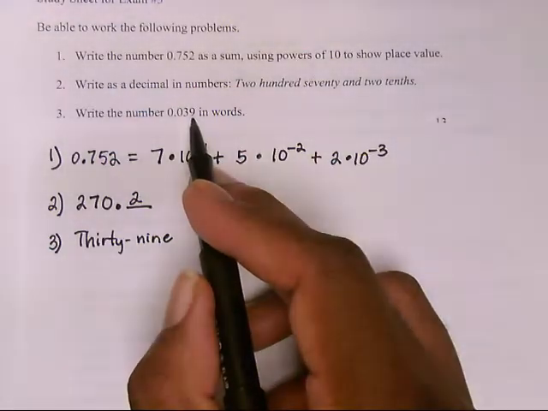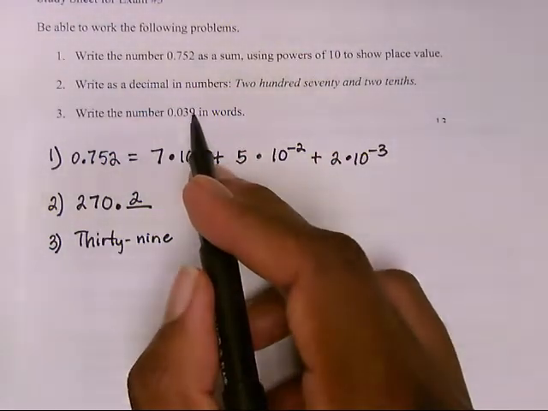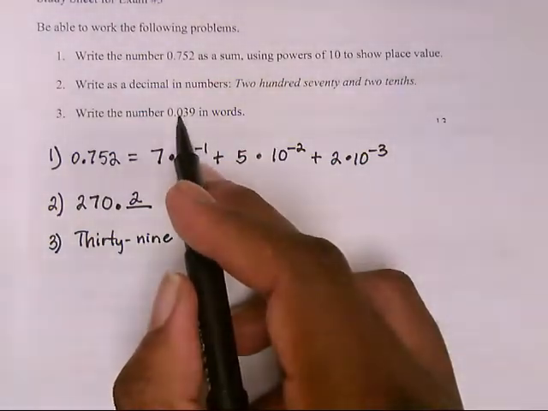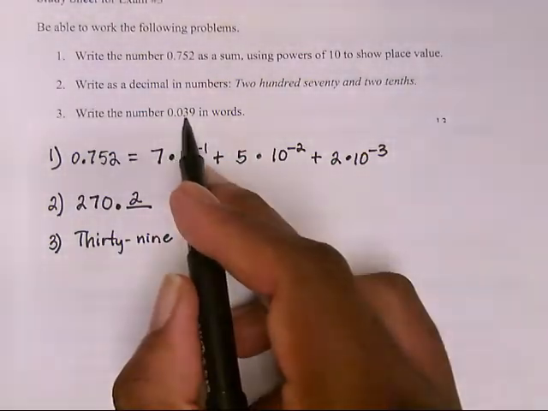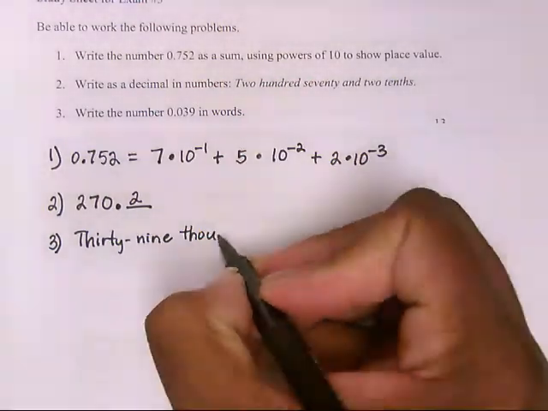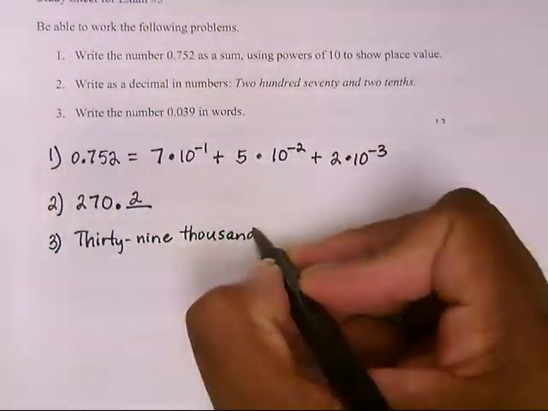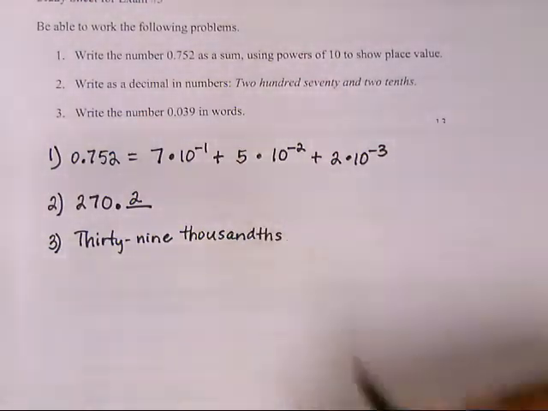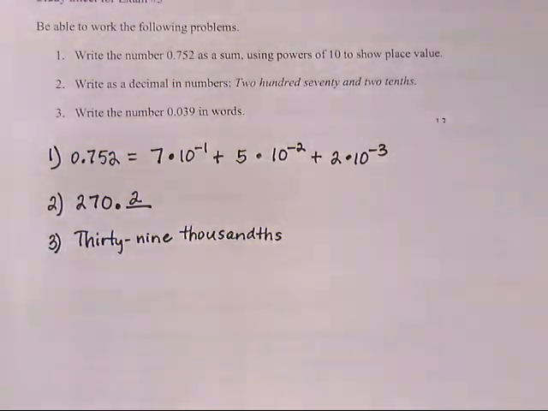The last digit is a 9. That number is in the thousandths place. Here you got the decimal point, and then you got tenths, hundredths, thousandths. So we're going to give it the name of the place value that the last digit is in. So it's 39 thousandths.